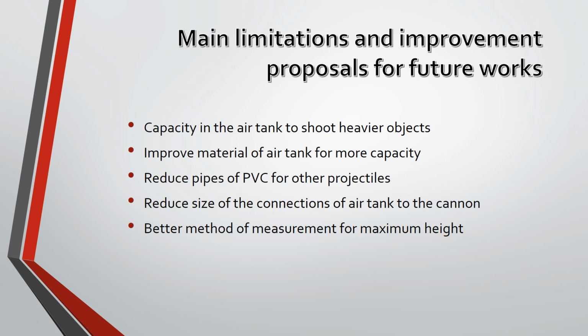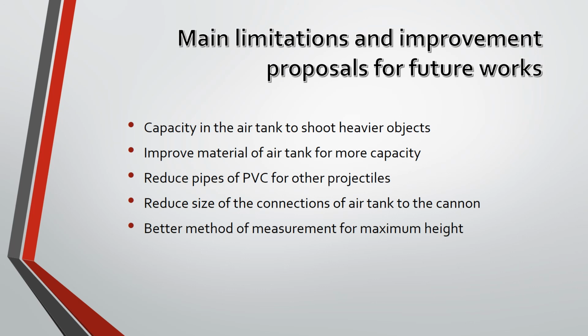Main limitations and improvement proposals for future work. Capacity in the air tank to shoot heavier objects. It is necessary to improve the materials of the air tank for more capacity, because the PVC can't resist more air pressure than 20 psi.